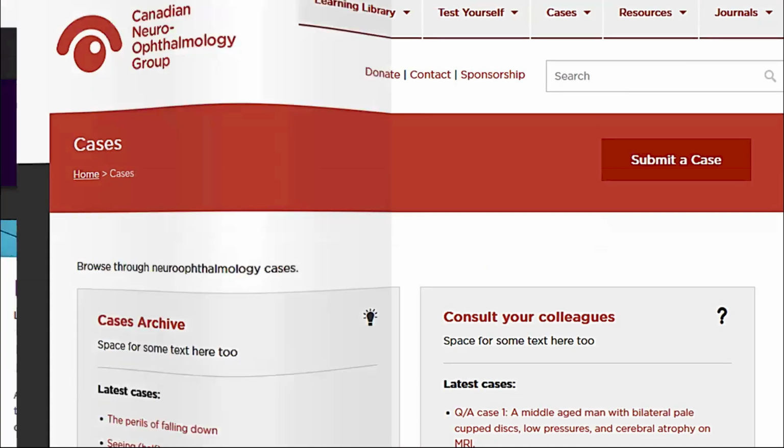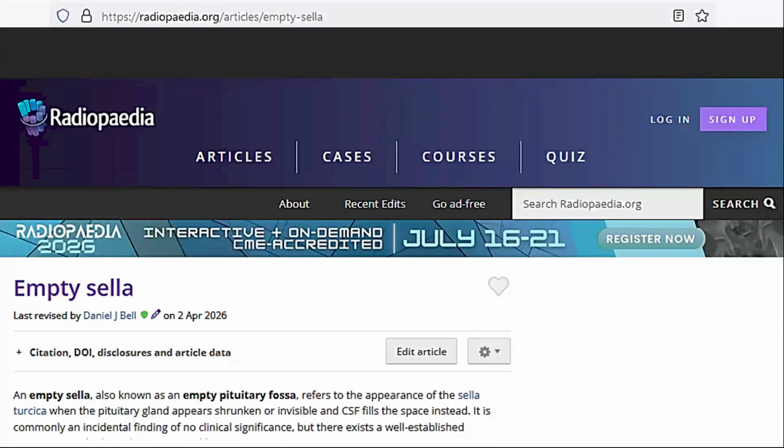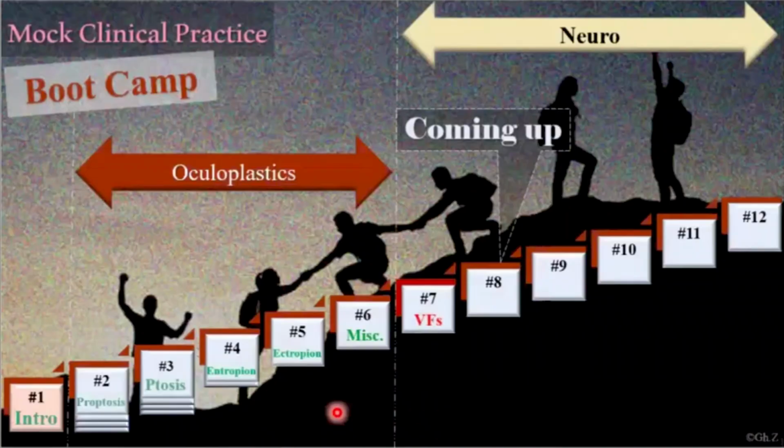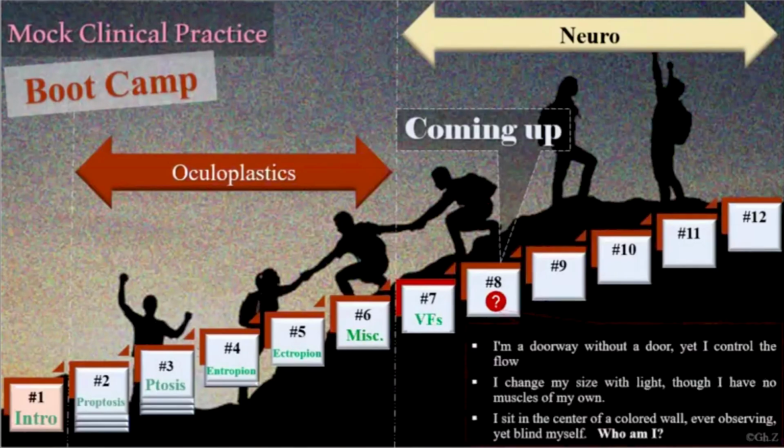And we have Radiopaedia, where you can find cases for review along with the radio imaging. So finally, we're done with the confrontation visual field testing assessment and everything related to it.